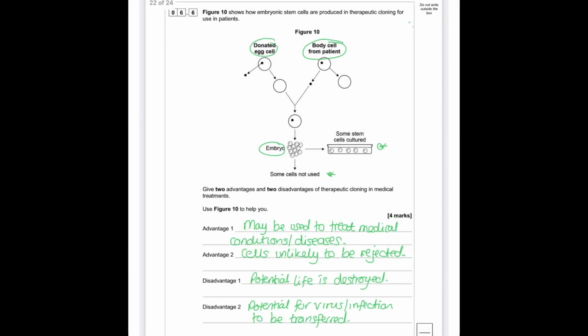The disadvantages could be that potential life is destroyed during this process, and also potential for transferring viruses and infections could be at a higher rate.